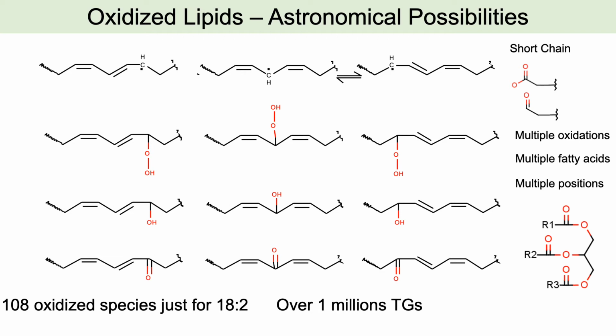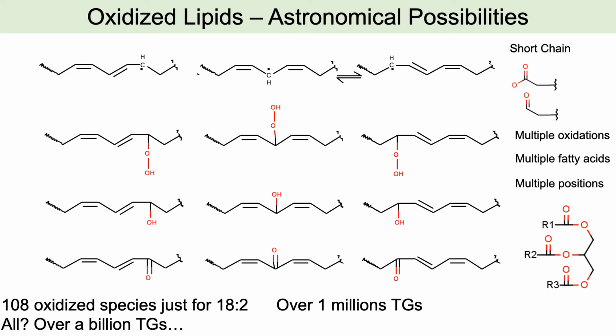Taking 18:2 with different types of positions of the oxidations and different types of oxidations and different numbers of oxidations, you can actually get 108 total oxidized species just for this single fatty acid. Note that that would mean that you could get over 1 million oxidized triglycerides just thinking about 18:2.